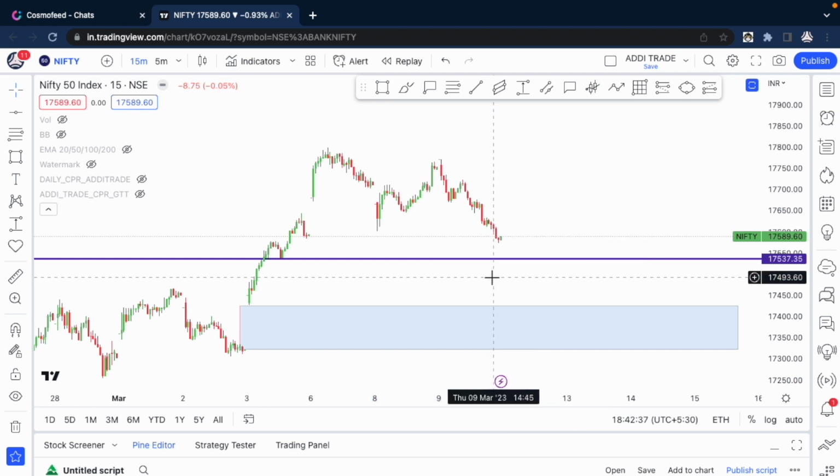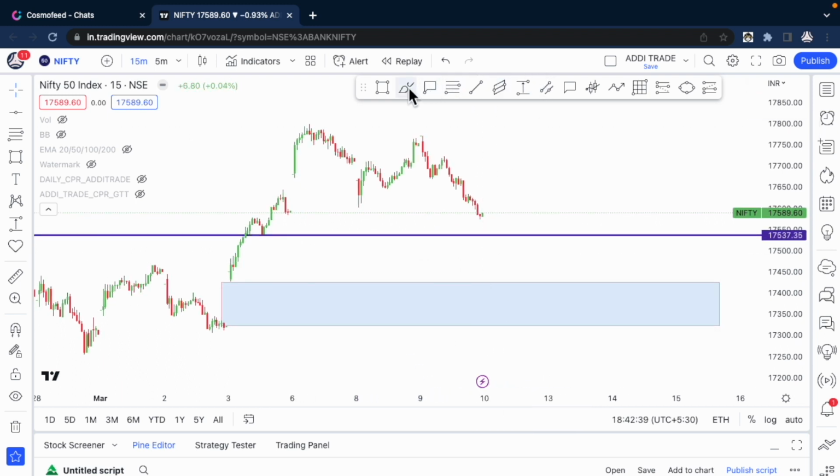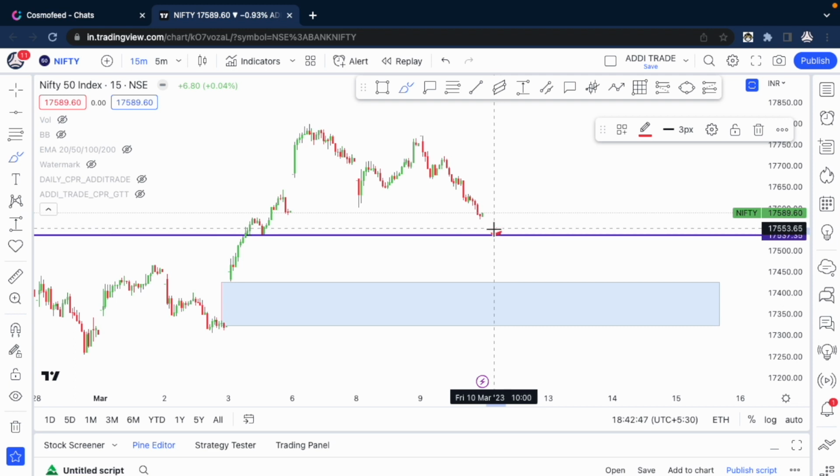So tomorrow, possibly depending on a gap up or a gap down, we might come to this level, 17,540, and we'll have to see how the price reacts at this level. We could get some small bounce, but if this level breaks, then the next target is 17,429.